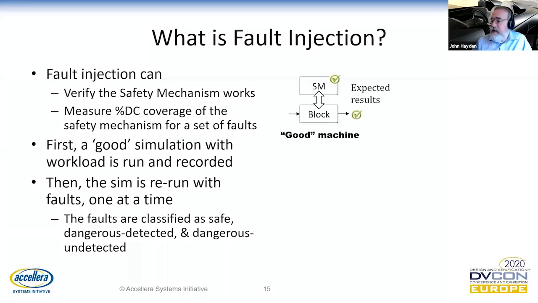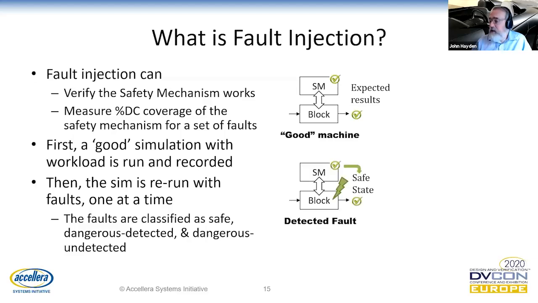And as you might expect, you start with a simulation of a good machine with a good workload. And the workload might be for embedded software running in embedded cores, for instance, those interrupt handlers that I mentioned before, to make sure that you can expose a detected fault.